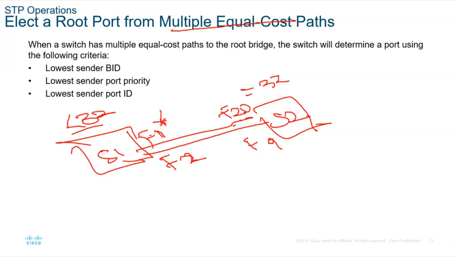Now, since this one is the preferred one, it means that this link, you see, is connected to port 20. So it has to be in forwarding state here, and this side will also be in forwarding state, because at the sender, this is the lowest.